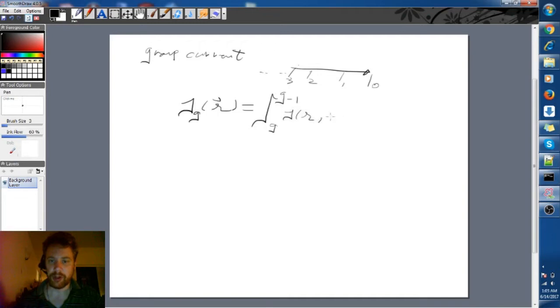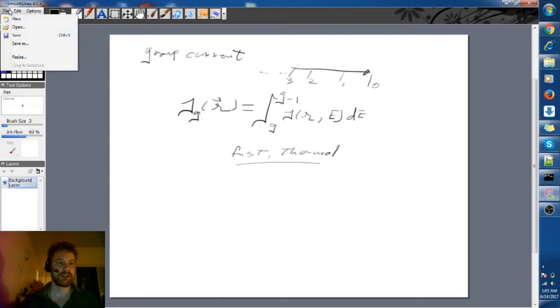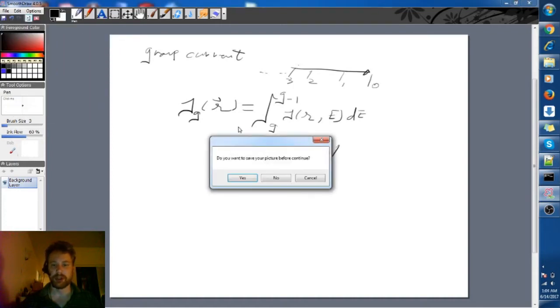So this is our Gth energy group neutron current, the neutron current flowing into some energy band here. This is going to be fast, thermal, or some other discretization method, and this is just a way of getting the neutron current for a particular group. So that's the formalism of neutron current.